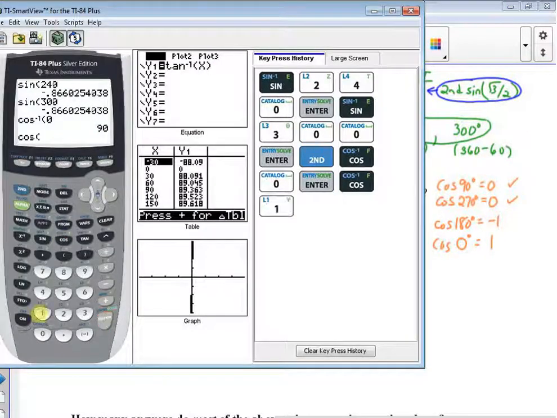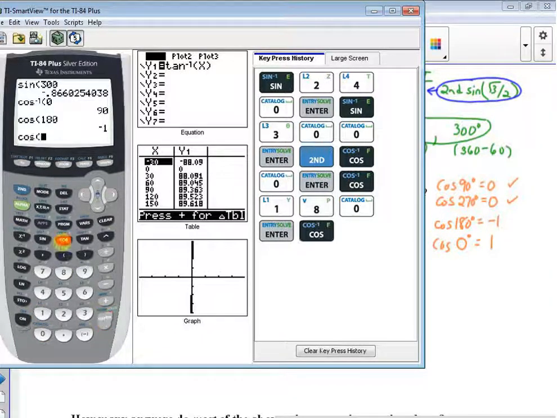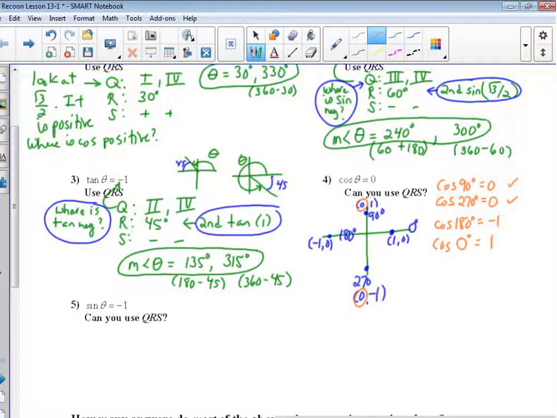So cos 180, and cos 0, +1, okay? So the answer for theta, the measure of angle theta, is 90 and 270, because those are the ones when you plug them in for theta that you got 0.